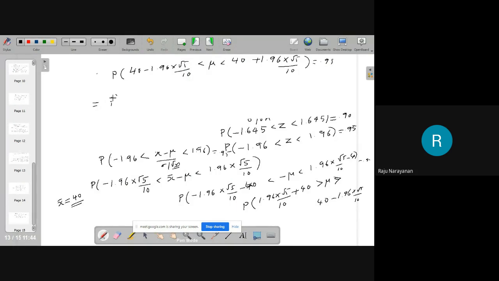Probability that 39.56 less than mu less than 40.44 is 0.95. What is sample mean?